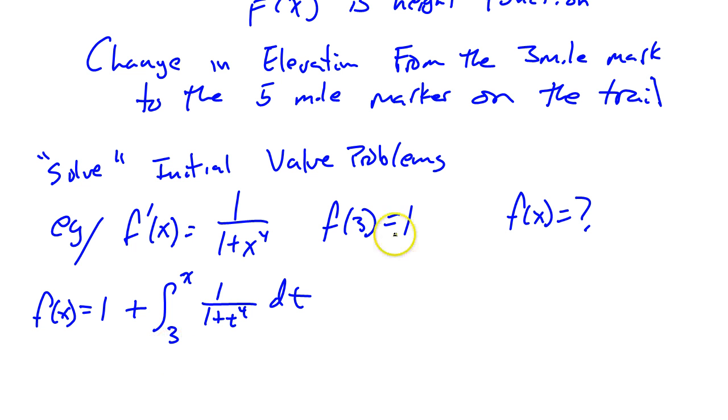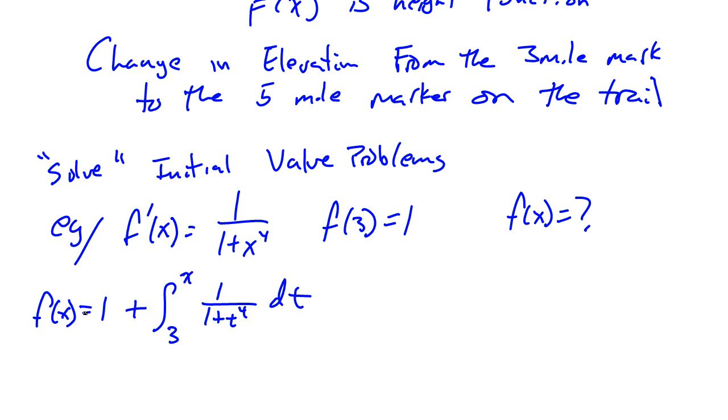So in a situation like this, when I know the x value of the initial condition and I know the y value, I just choose this integral with the starting x value going up to some unknown x. That guarantees this integral will equal 0 at the starting point, so then I can just add on the y value that I want.